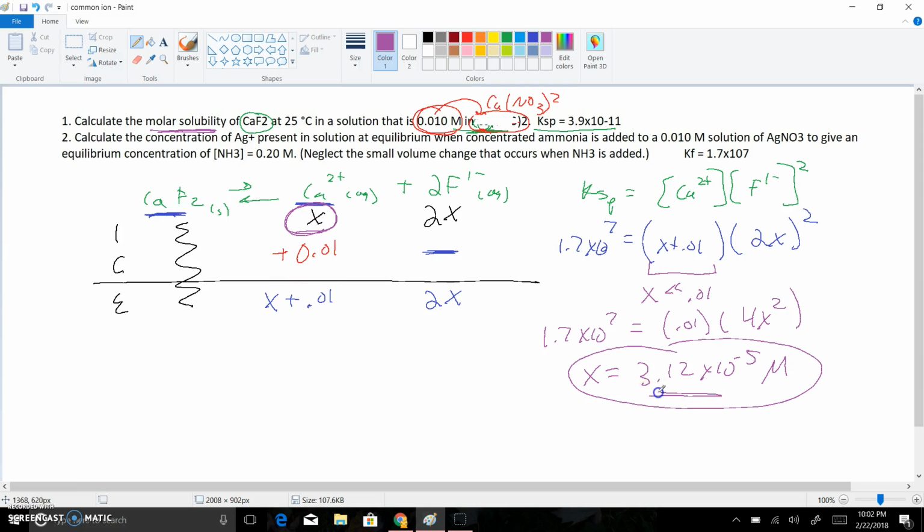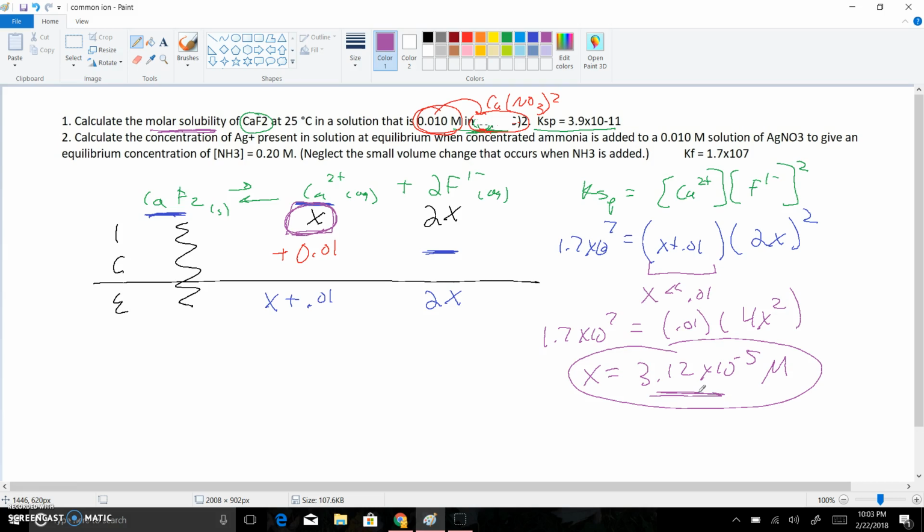So the molar solubility of calcium fluoride is equal to the molarity of this calcium ion. My answer is 3.12 times 10 to the negative 5 molar.